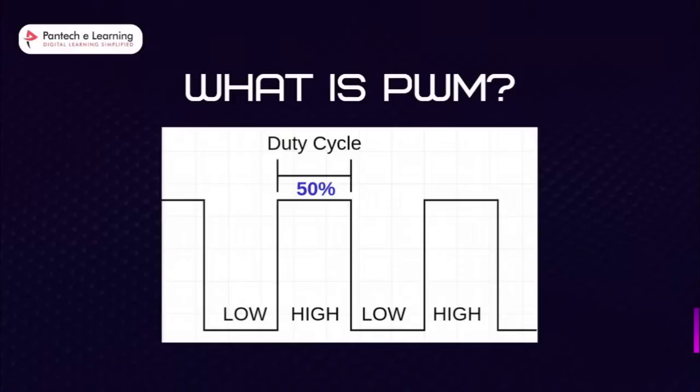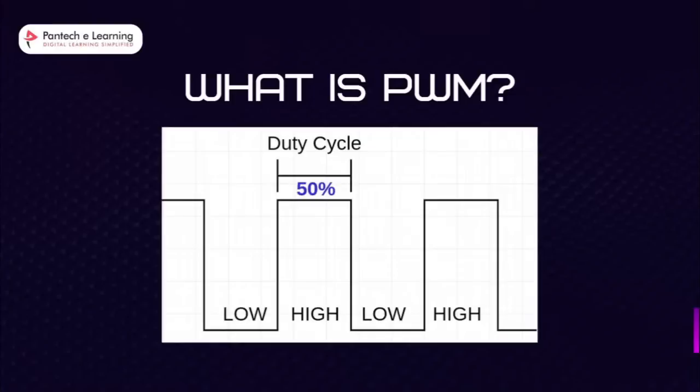At its core, pulse width modulation involves rapidly toggling a digital signal between high and low levels with varying duty cycle. The duty cycle represents the portion of time the signal spends in the high state within a given period. By adjusting the duty cycle, you can effectively control the average voltage or current applied to a load, allowing you to control its behavior.